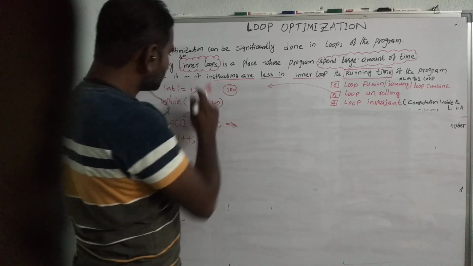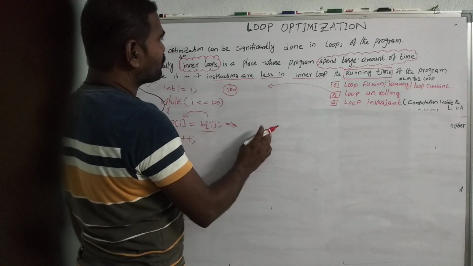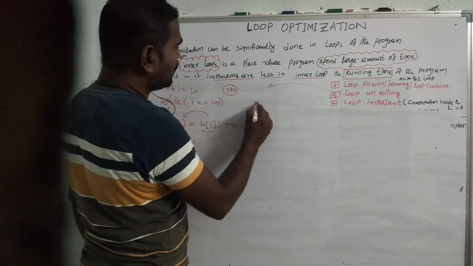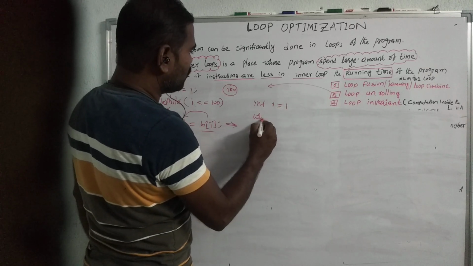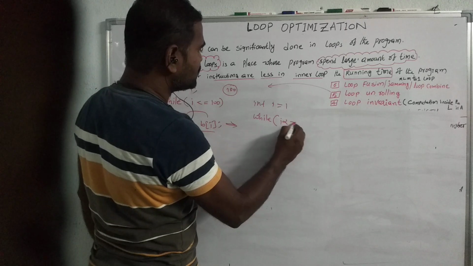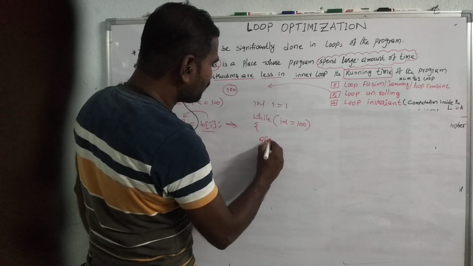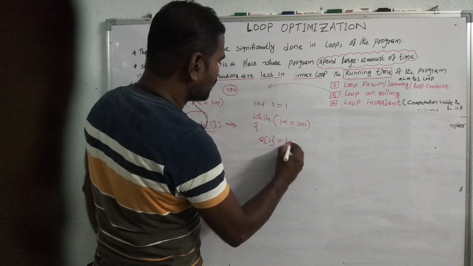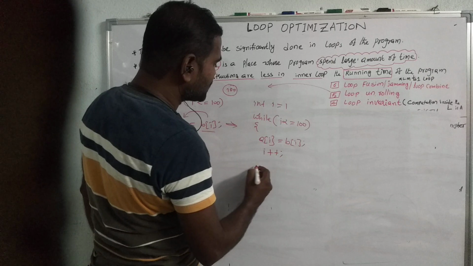Suppose I write the same code using loop unrolling. Int I equals 1, while I less than or equal to 100, a of I is assigned b of I, then I plus plus.